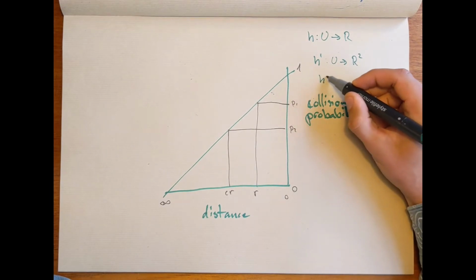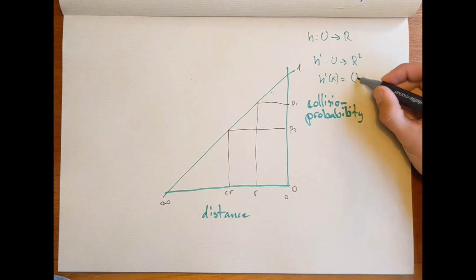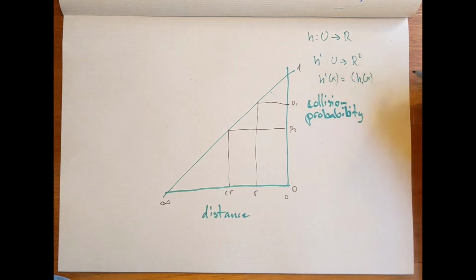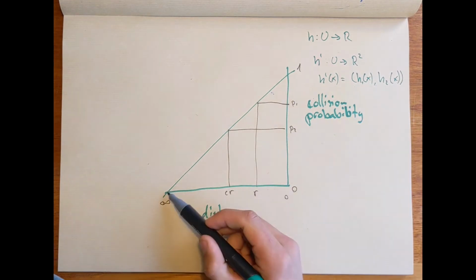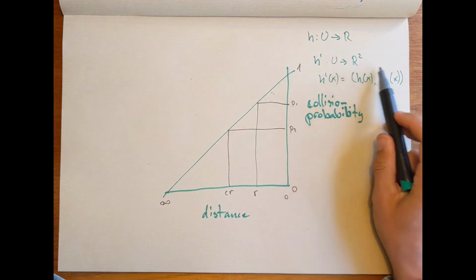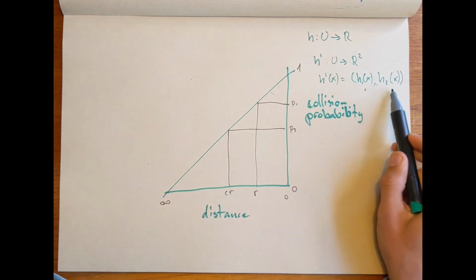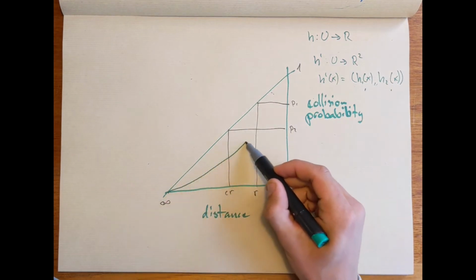And that's simply done by saying that the value at x is some vector where you make independent copies, h1 and h2, of your hash function, and you just hash to the product of these two. That's going to of course make the collision probability smaller, because now you have to hit both times to have a collision. So it might look something like this.